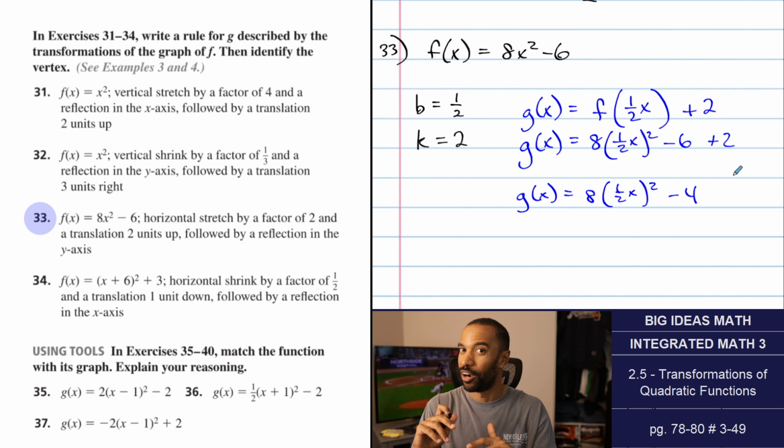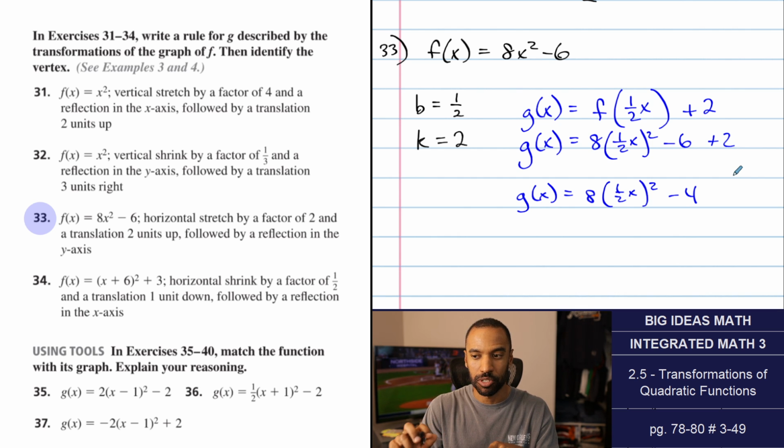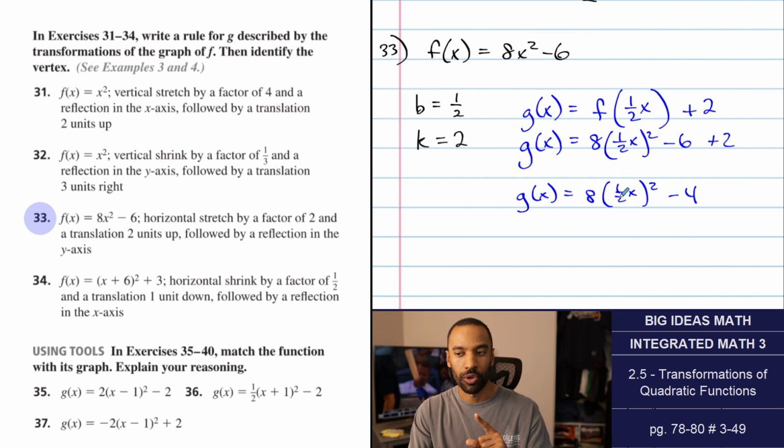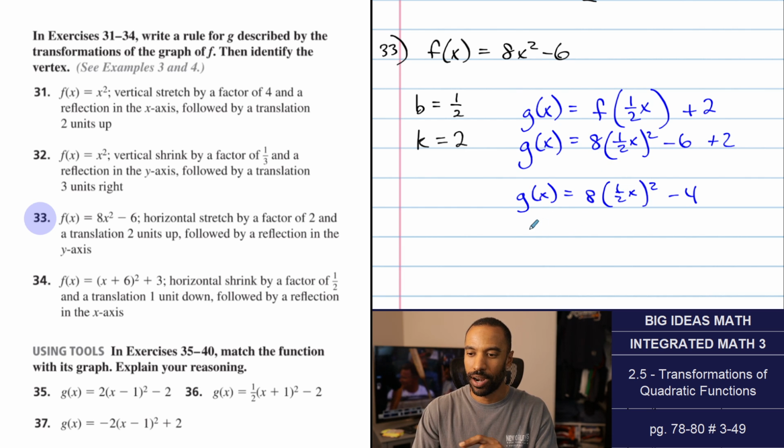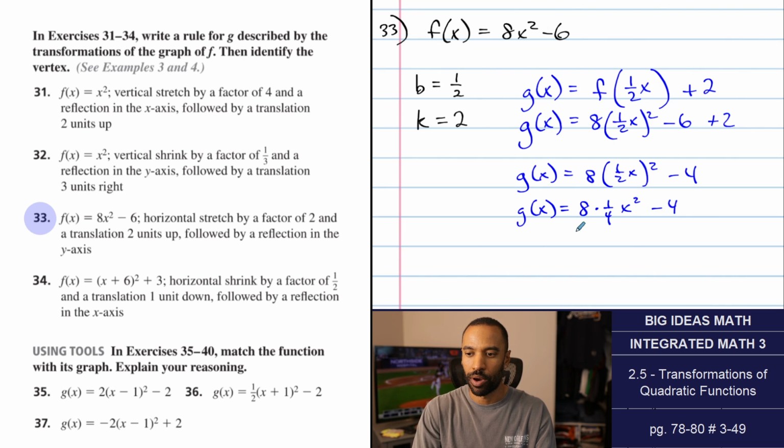What I would prefer, and the book might prefer it as well, is you square the 1/2, and then multiply it by the 8. 1/2 squared is 1/4. The x is still squared on its own, and 8 times 1/4 is 2. This simplifies to 2x squared minus 4.